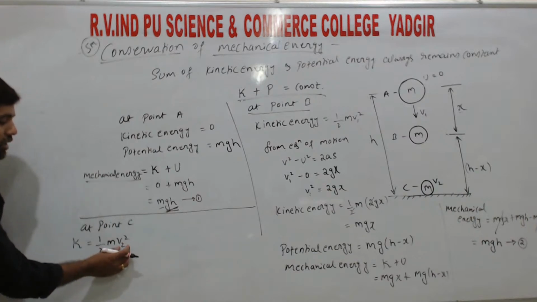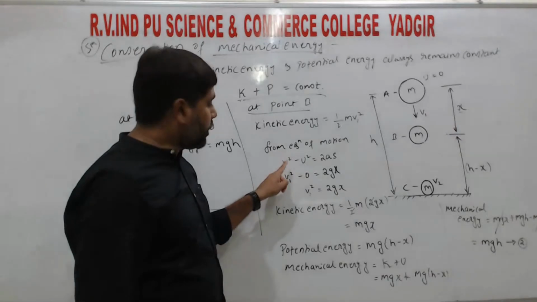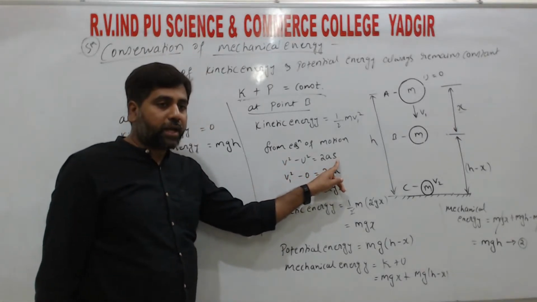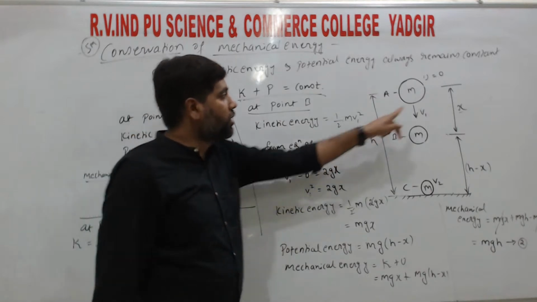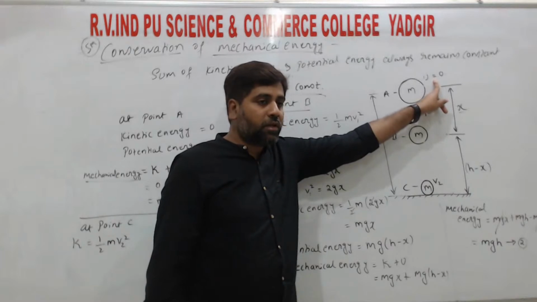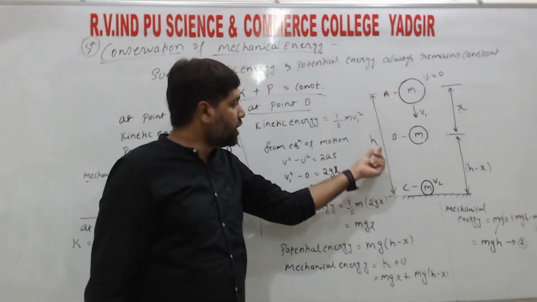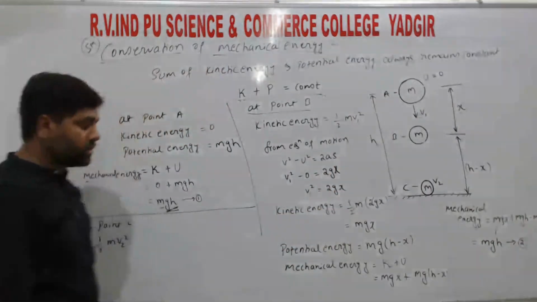So we need to find the v2 square value again from the equations of motion, using the same relation, v square minus u square equals 2as. In place of v square we substitute v2 square; again the initial velocity is 0, and it covers the distance from a to c, that means h. So the displacement is h, right?